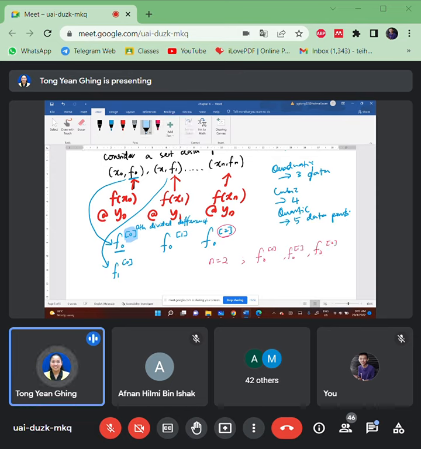We have to find until the second divided difference if n is equal to 2. So it depends on n.